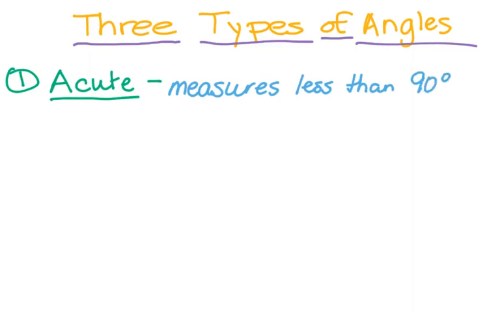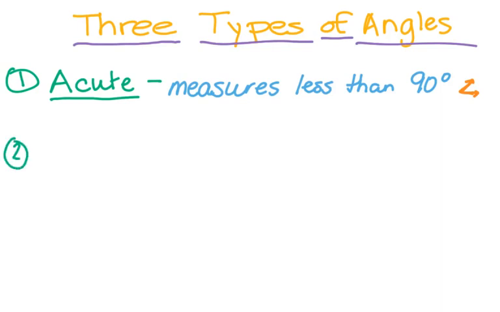Okay. Here's a quick example of what an acute angle may look like, just one. Now, there's more than that, obviously, but we're not going to run out of room and time, so I'm trying to keep this under a certain amount of time.